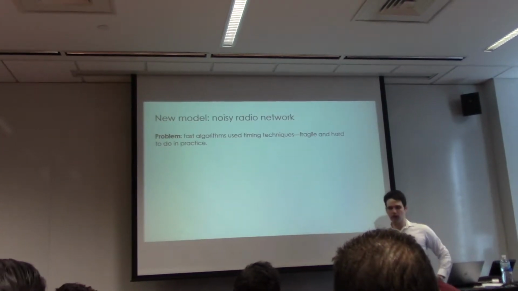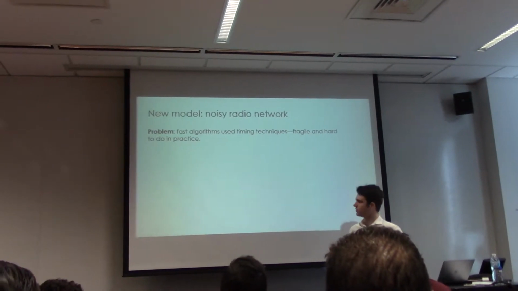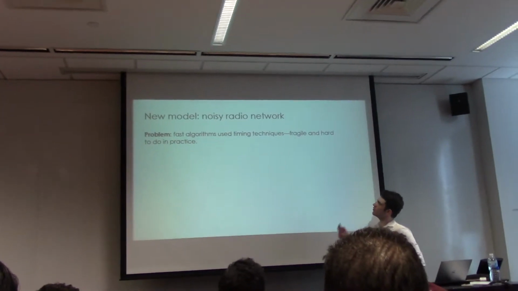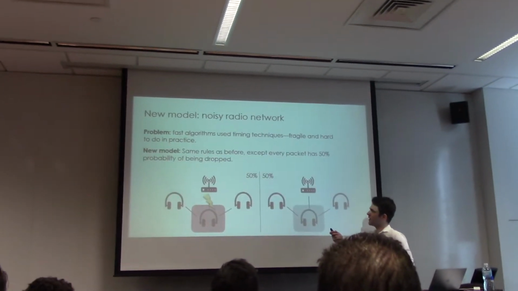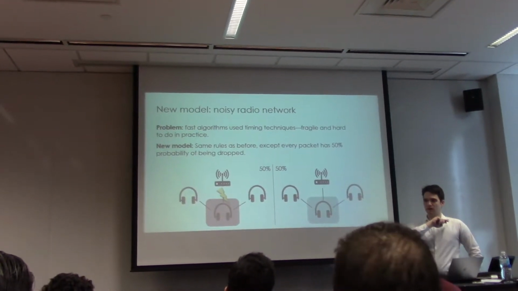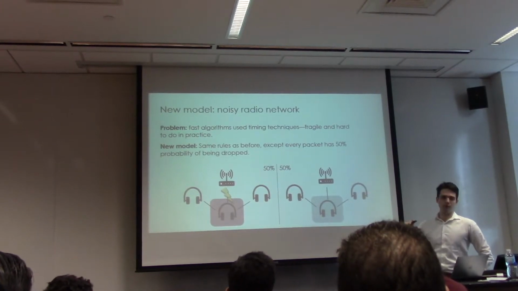So, to make more practical algorithms, a recent paper introduced the so-called noisy radio network model. It works exactly as before, except now, even if a message is correctly sent, it has a probability of 50% of being dropped.